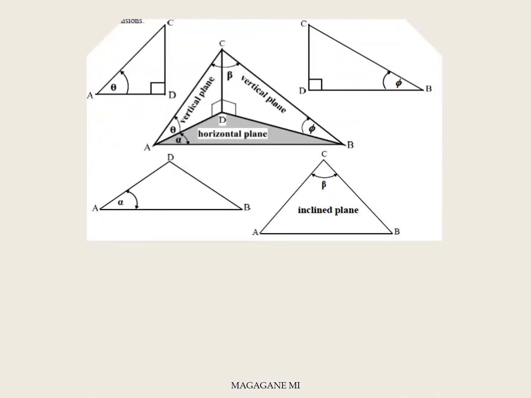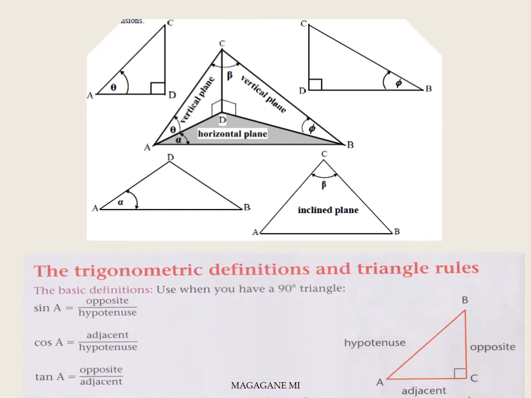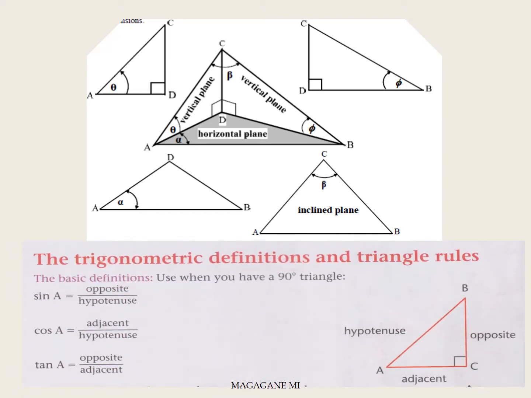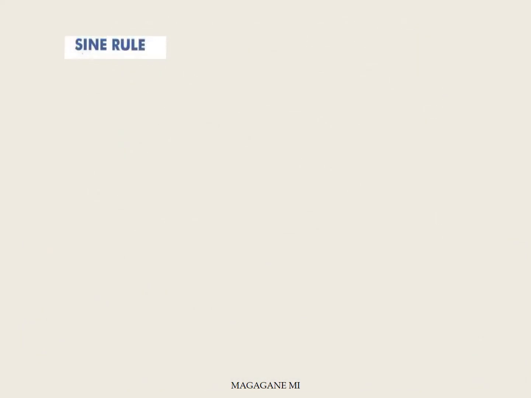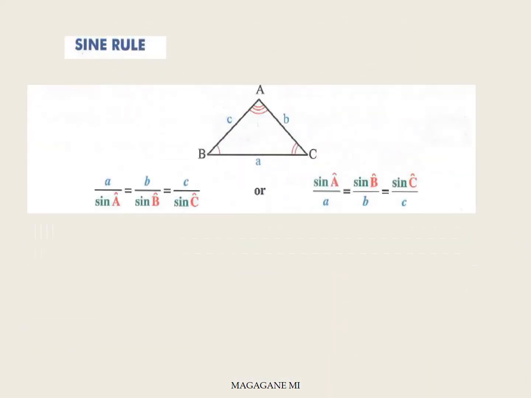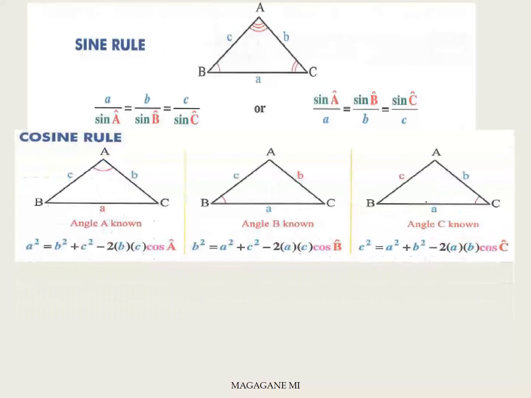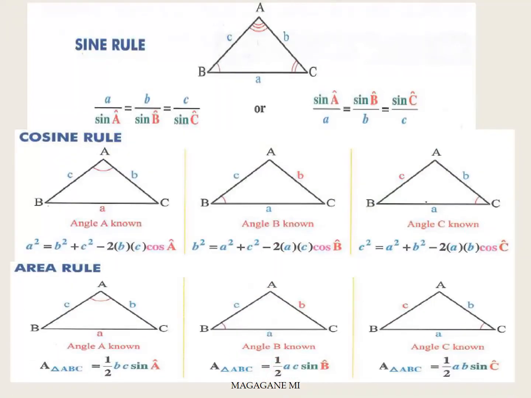To solve this type of problem, we need the trigonometric definitions and triangle rules. Your sine, cos, and tan, since we have right-angled triangles. We'll also use the sine rule, cosine rule, and area rule.